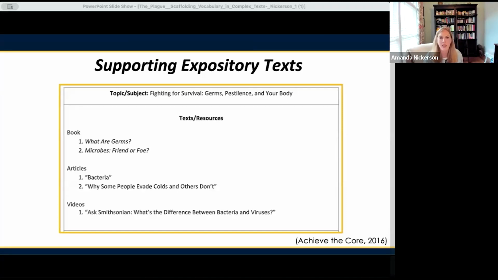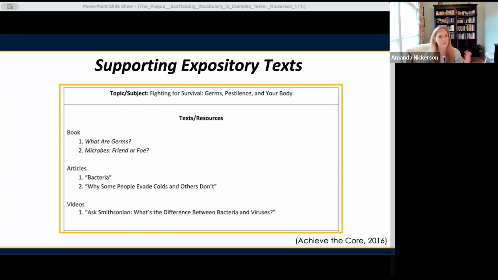So what I'm showing you right now is a text set from Achieve the Core. And it just shows, again, that this might be multimodal text. I might have a couple books on a single topic like germs and pestilence. I might have a couple articles about bacteria and why some people evade colds and some don't. And I might even use video strategically. So, the one here says, Ask Smithsonian, what's the difference between bacteria and viruses?